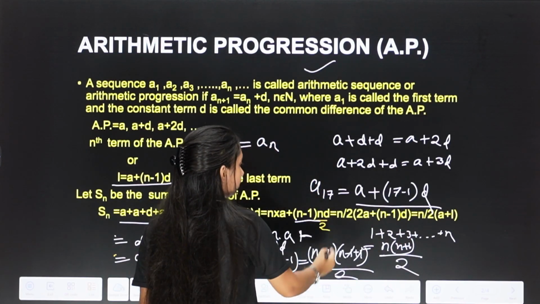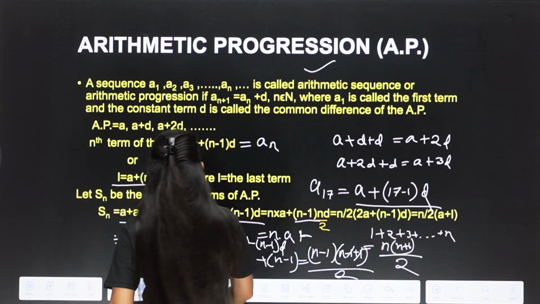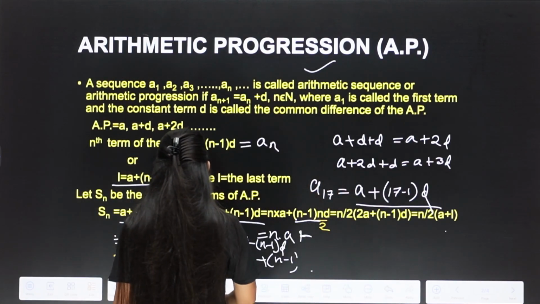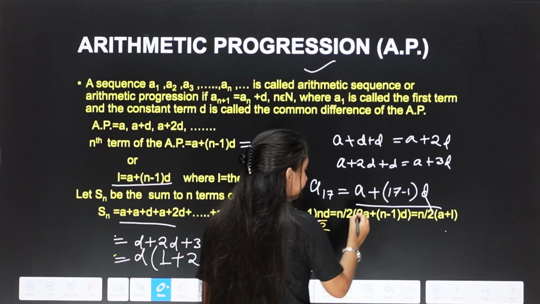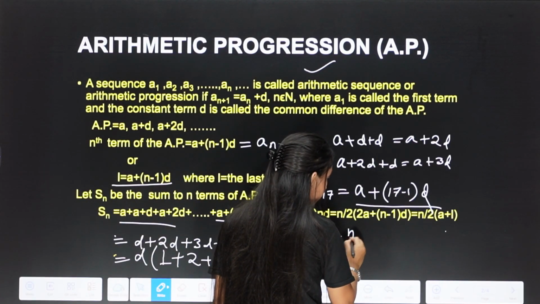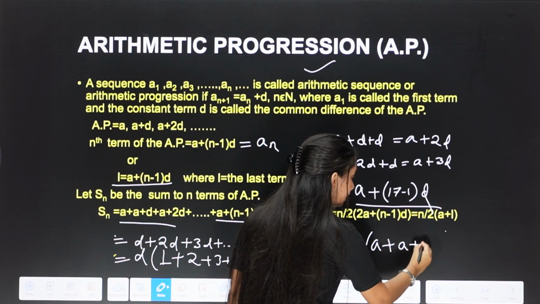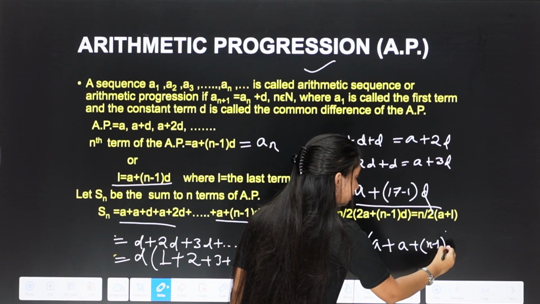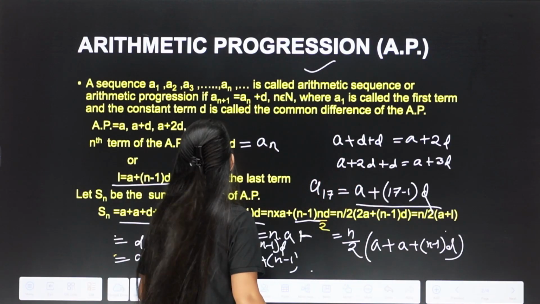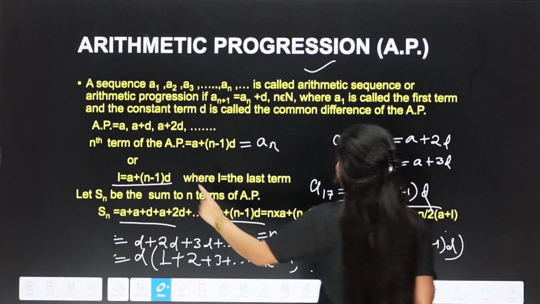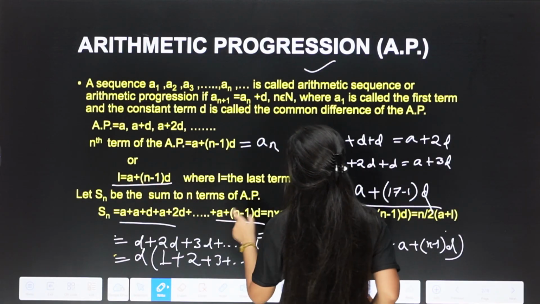So, we can also write it as n by 2 into a plus n minus 1 into d. Here we have written that a plus n minus 1 into d is equal to L, that is the last term.